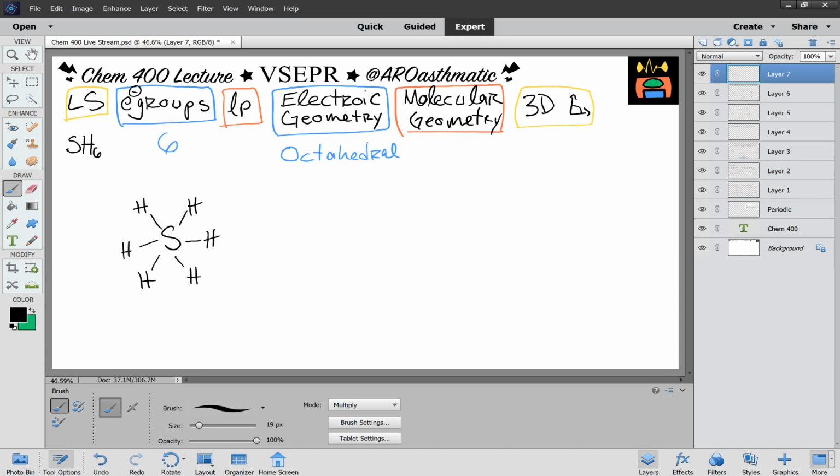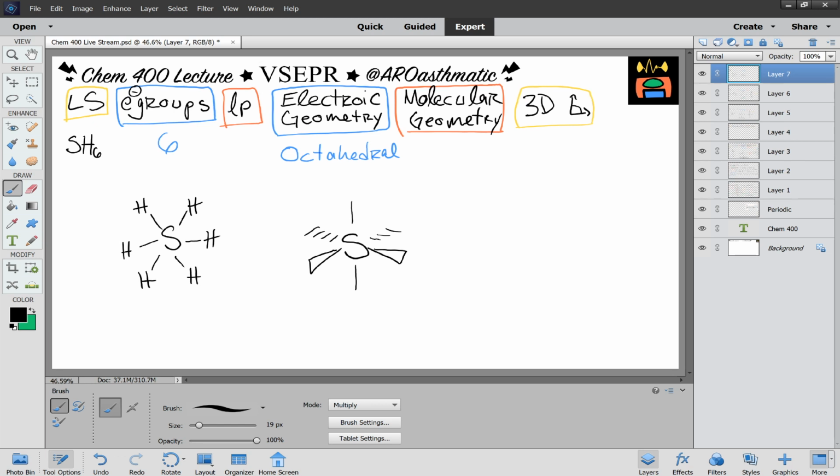And the way you draw a 3-dimensional representation of an octahedral geometry, well, there are 2 ways to do it. One way is you can draw it like this: 1, 2, straight up and down. And then on this side, a wedge and a dash, and this side gets a wedge and a dash. This is one way to draw an octahedron.